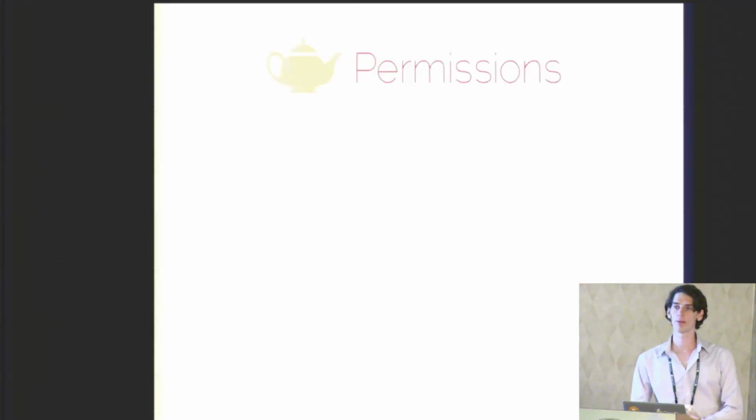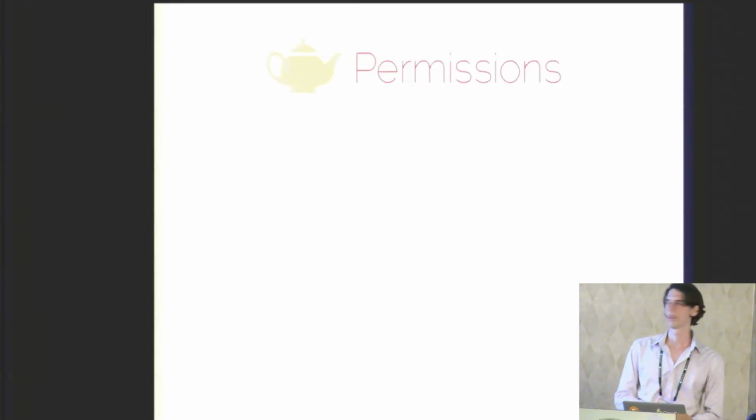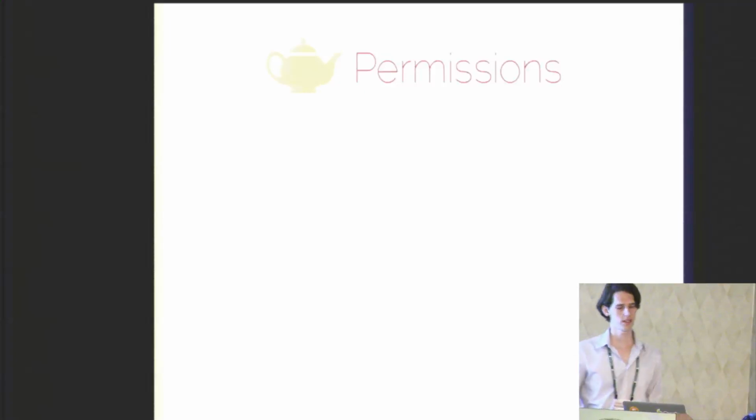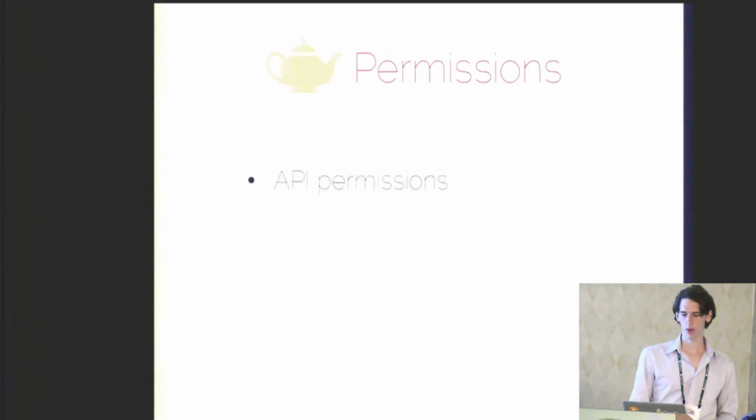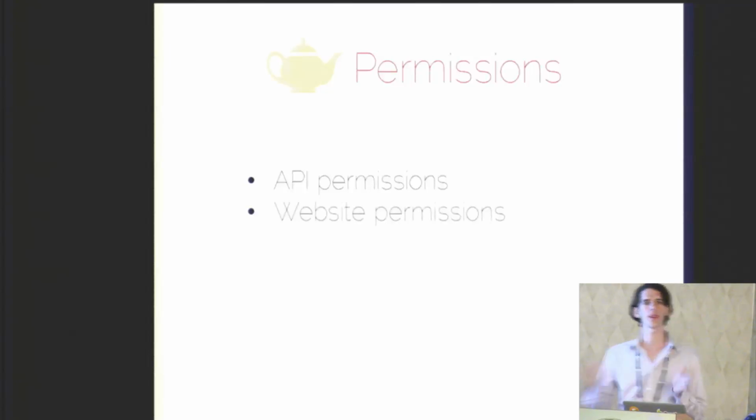But we have heard a lot about permissions yesterday, especially about APIs. So they always differentiated between an API, which has specific permission for users, and a website. Our take on that is that there should not be any difference. If a user is able to create a new article on the website, he should be able to create a new article using the API.